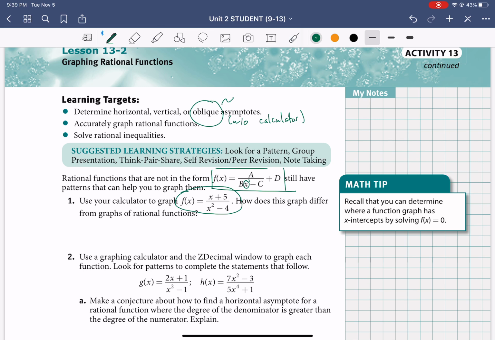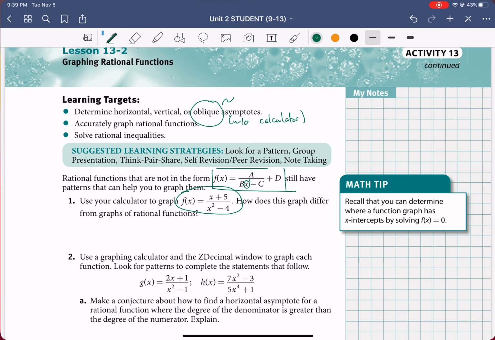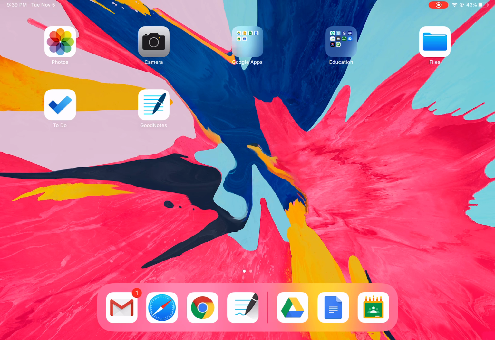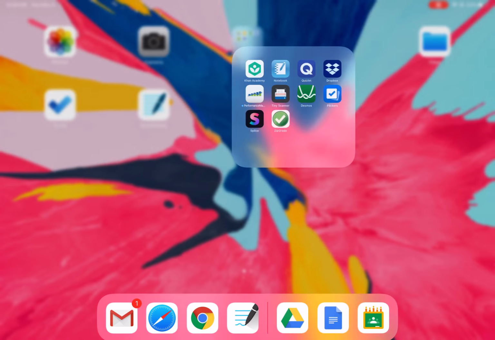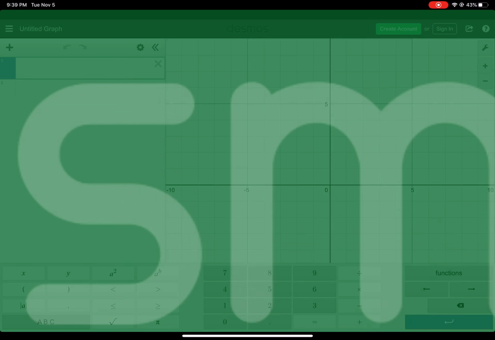So let's try to graph this real fast, and I hope that I still have Desmos open. No, I don't. So let me find Desmos real fast. All right.